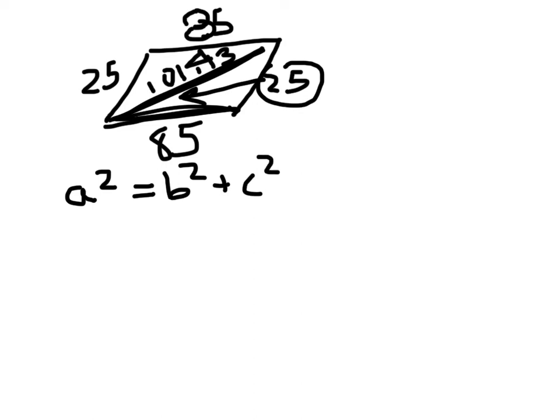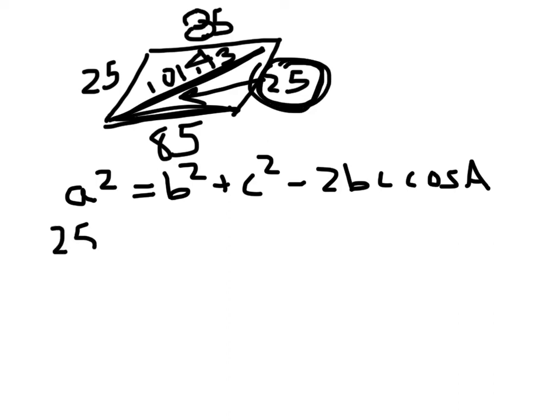It's important where I put the sides in this problem. This is the side across from the angle that I'm trying to find, so that's the side that goes in for A. The other sides go in for B and C.